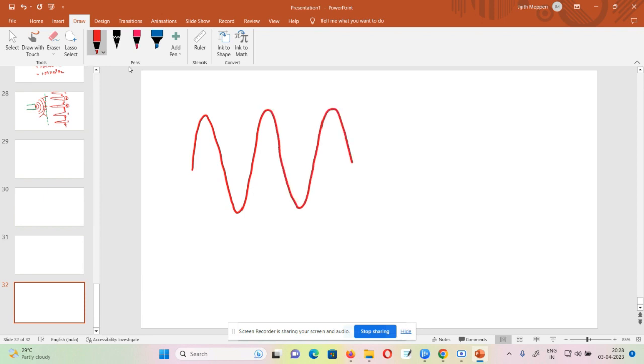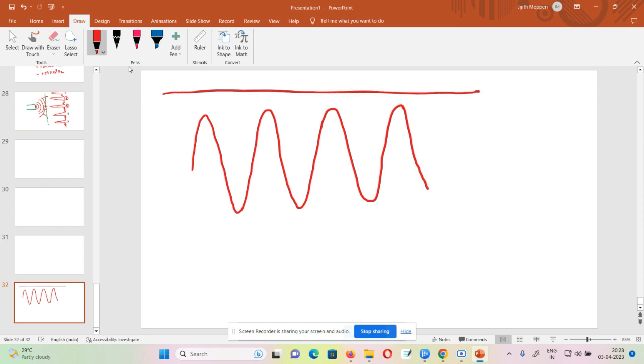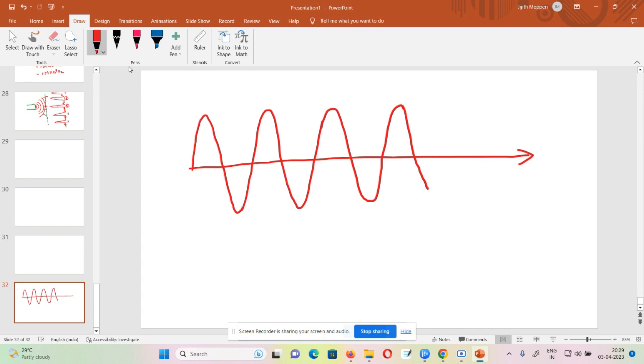This is my z direction, this is x direction, this is y direction.